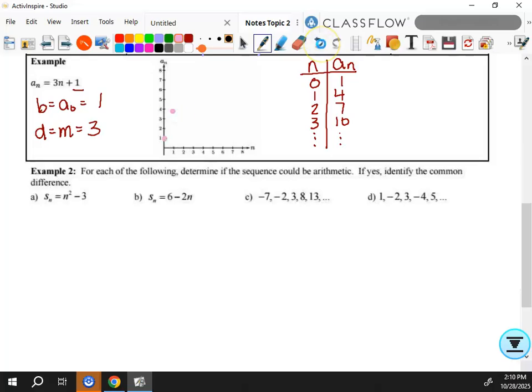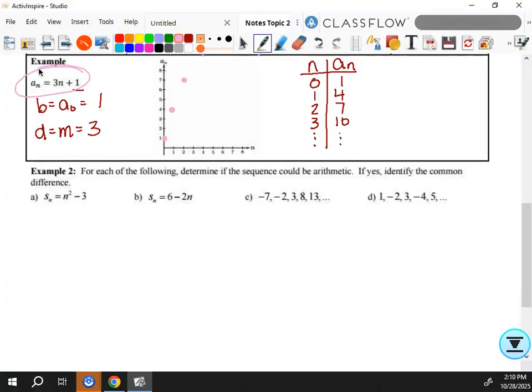Except I can't ever hit the right spot. 1, 4, 2, 7, 3, 10 gets me off my graph. Okay. Do I connect the dots? No, no connecting the dots. This is a sequence. This is discrete data. No connecting of the dots. We good? Any questions?